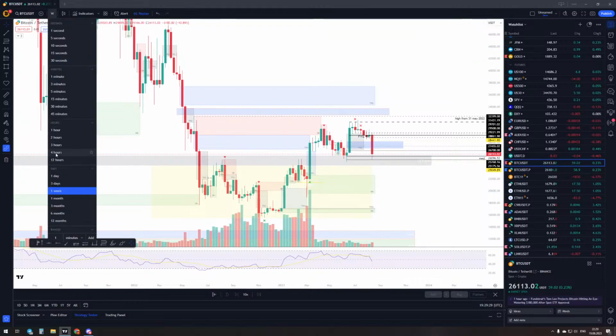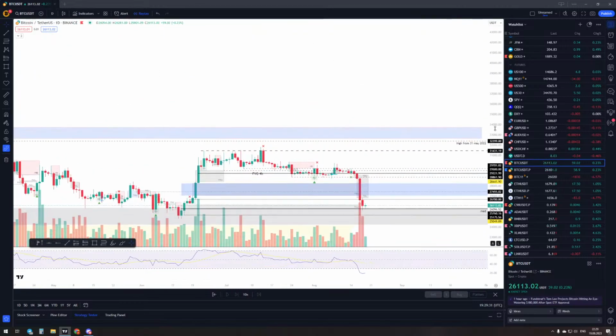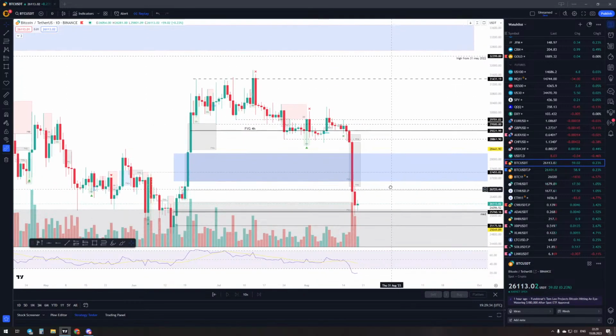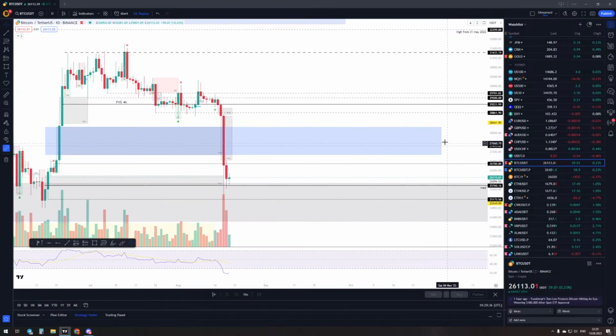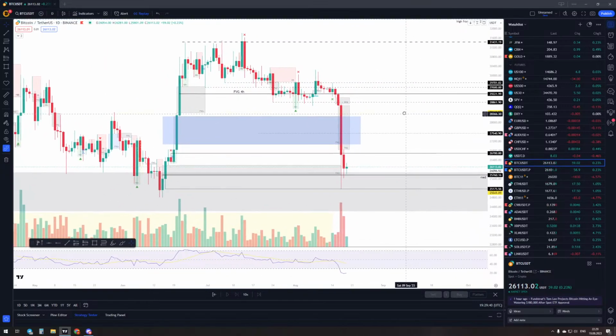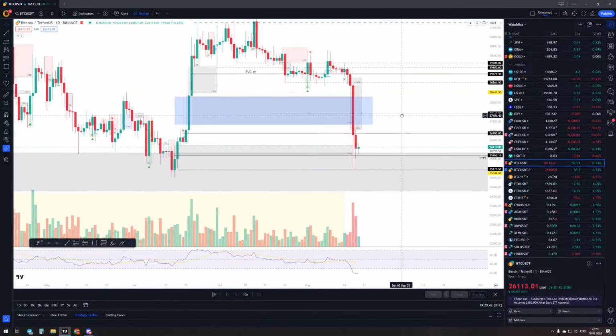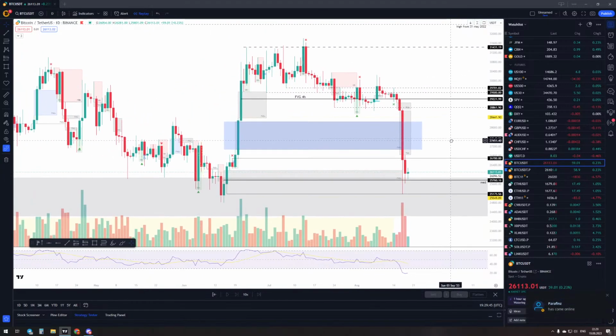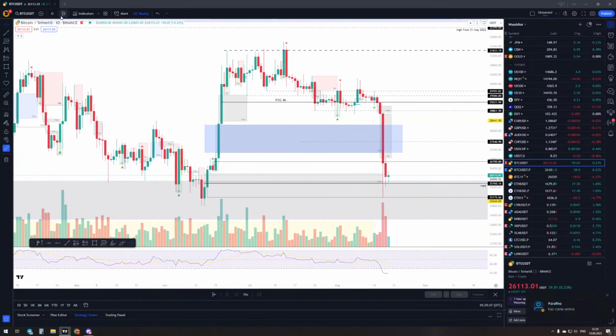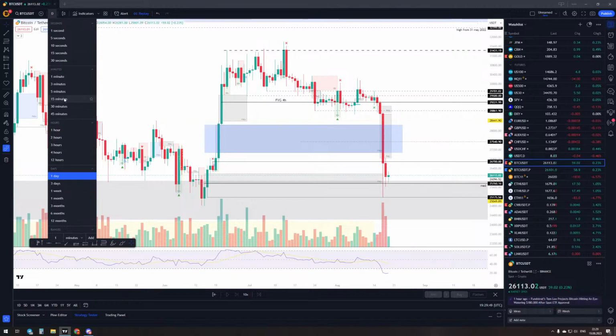But my trade was to play out of this daily imbalance on this one, but as you can see, it just was completely ignored in like 50 minutes.